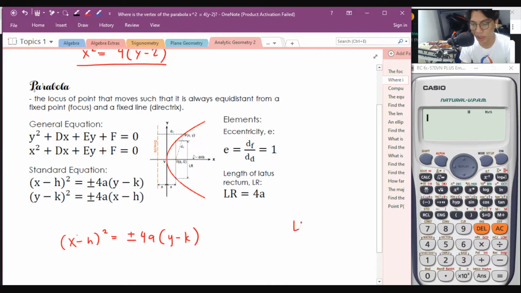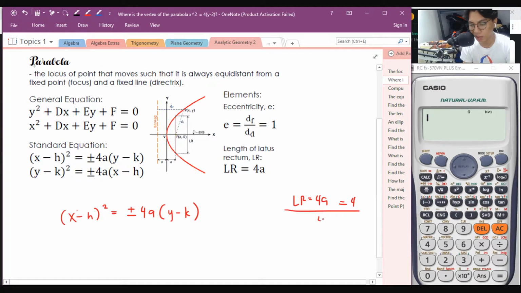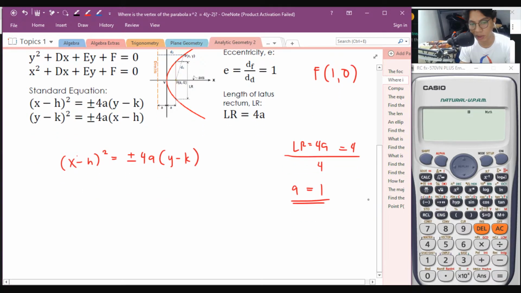So, LR mo rito is equal to 4a, equal to 4. Yan dito, 4. Divide natin both sides by 4. Therefore, a is equal to 1. Okay? The focus there is at 1, 0. Yung focus mo is 1, 0.